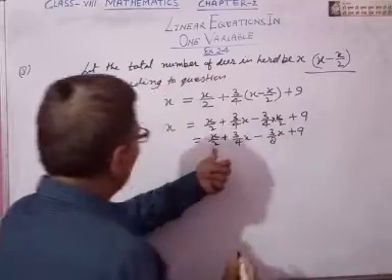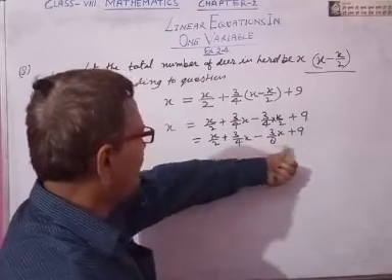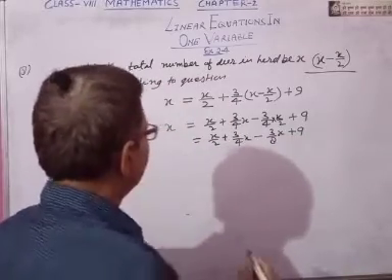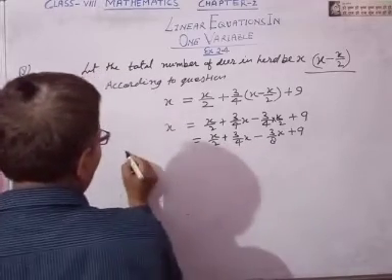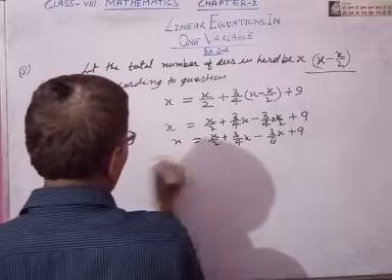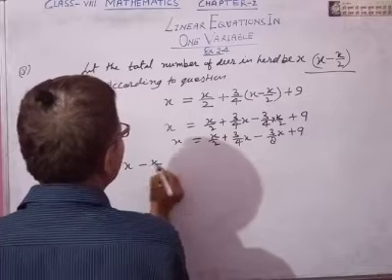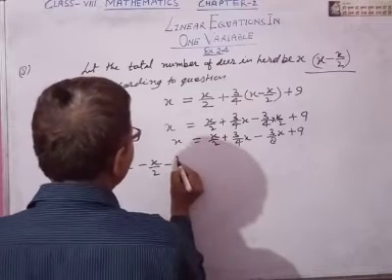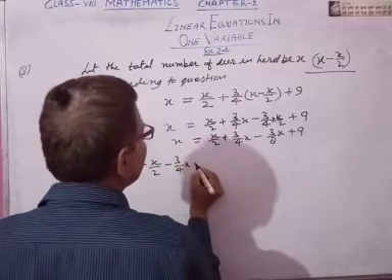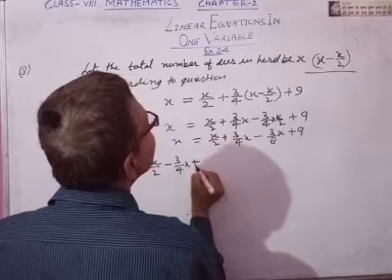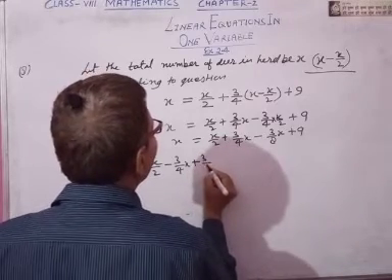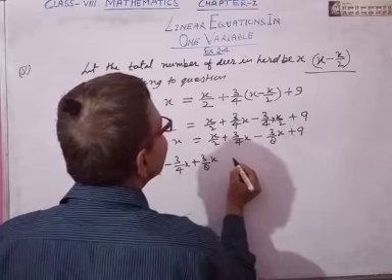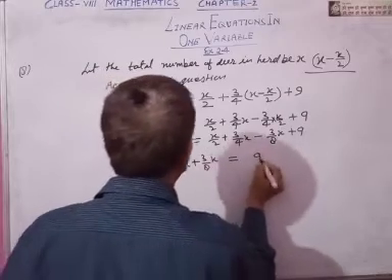We will transpose these x terms to this side. x minus x by 2 minus 3 by 4x plus 3 by 8x equal to 9.